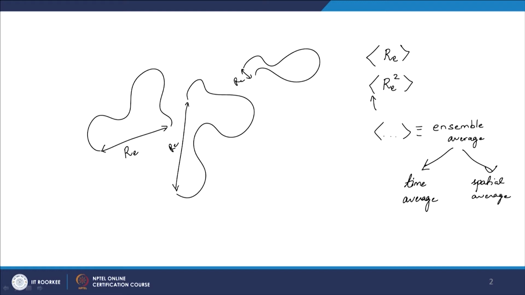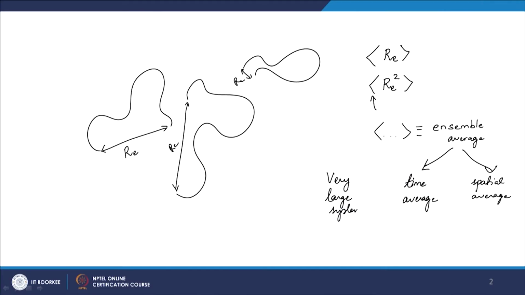And one of the principles of thermodynamics or statistical mechanics that becomes very handy here is, if I look at very large systems, then the time average becomes equal to the spatial average, which again becomes equal to the ensemble average.